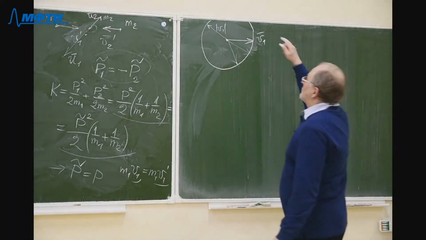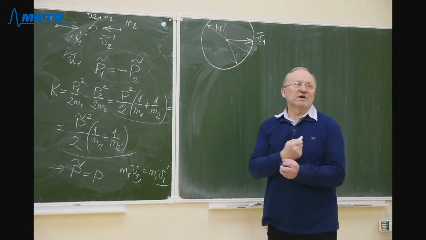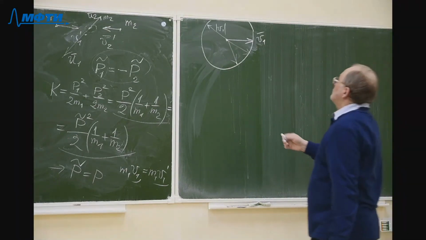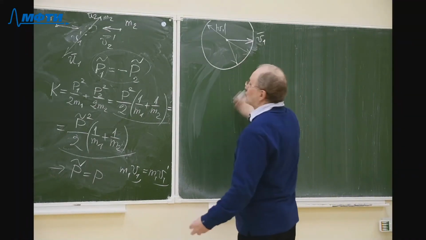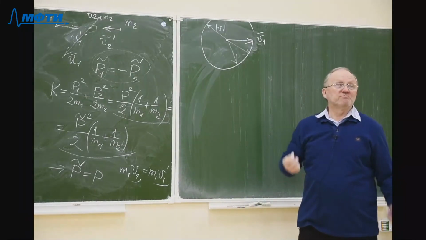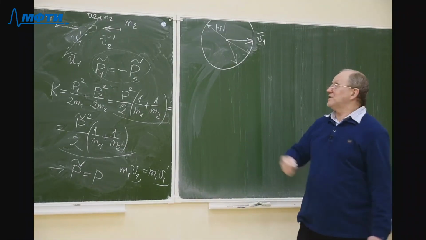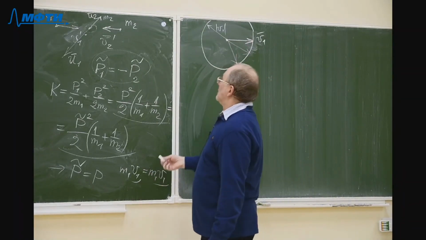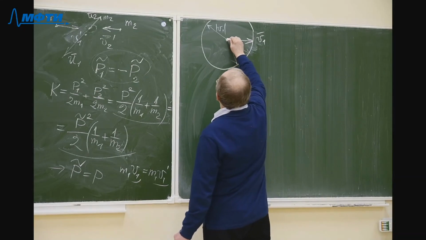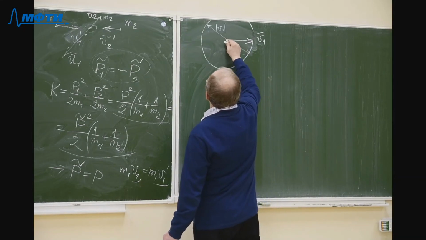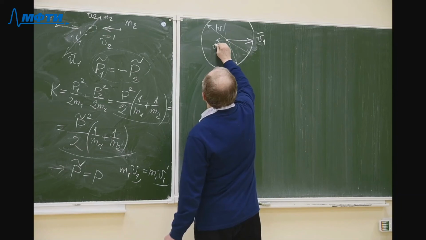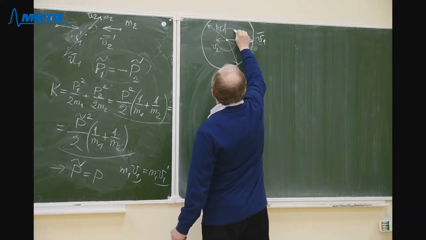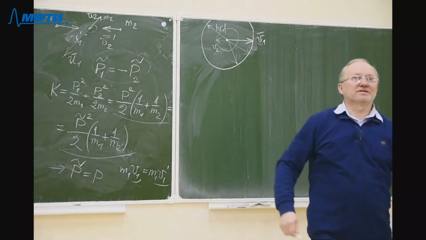So in the center of mass frame, the collision of two particles turns out to be such that the velocity of the first particle will not be changed. The magnitude of velocity will not be changed. Only the direction will be changed. And the same is true for the second particle. If the second particle had a velocity like this one, then after the collision its velocity will be found somewhere on the second circumference.